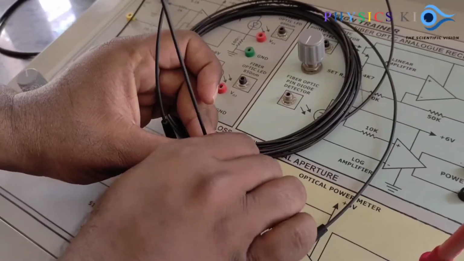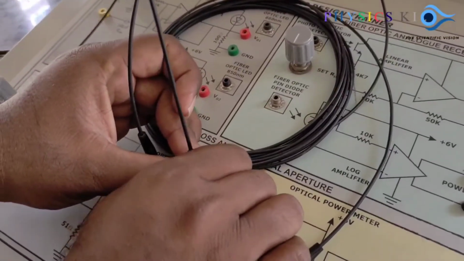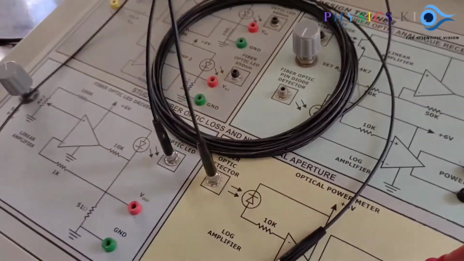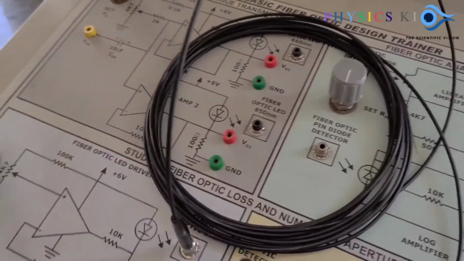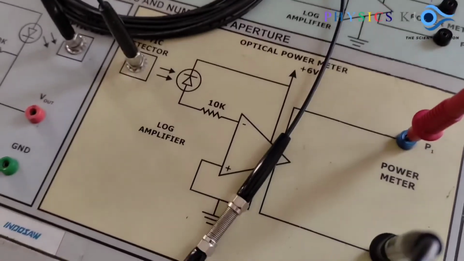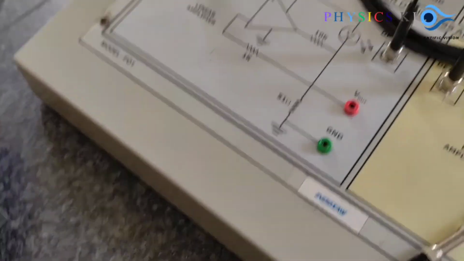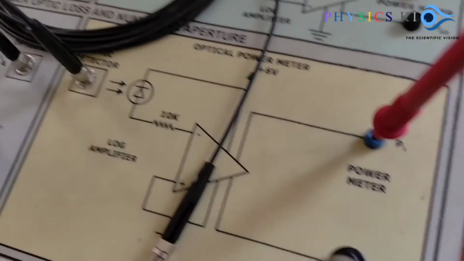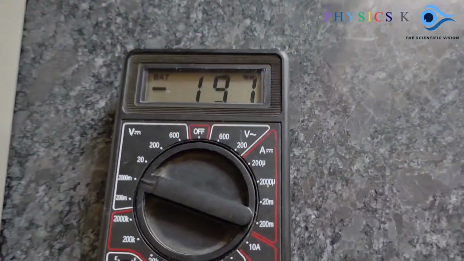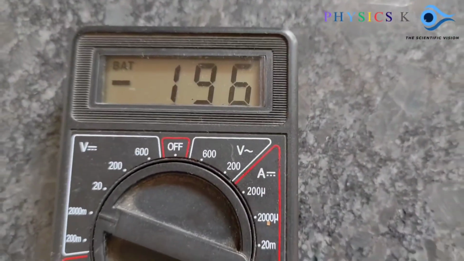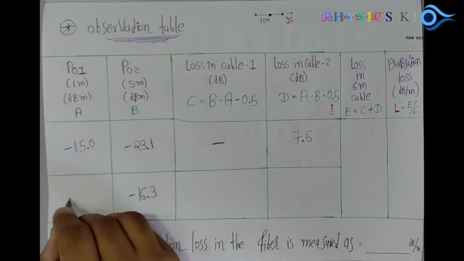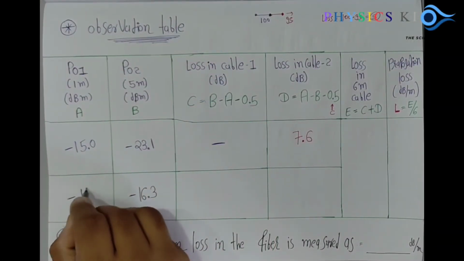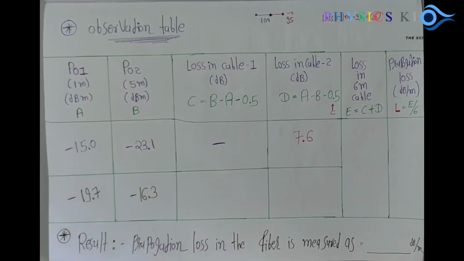So in this scenario, light will pass through the first 5-meter optical fiber cable, after that through the coupler, and after that through this 1-meter optical fiber cable, and we get the output minus 19.7. Okay, so I am writing here minus 19.7.